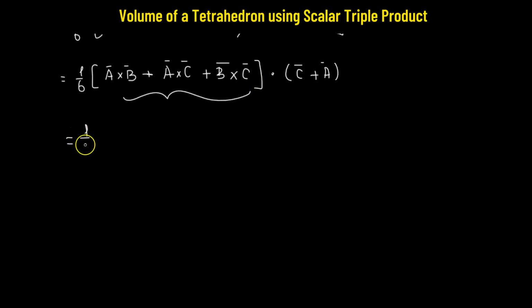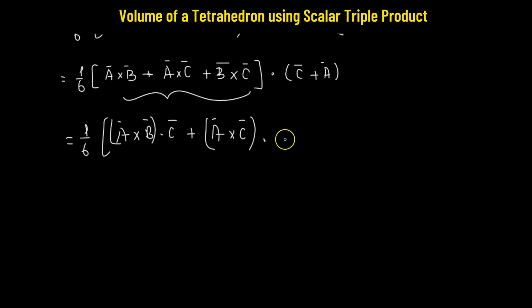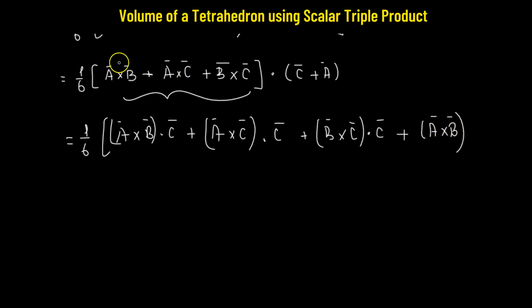So that will be 1/6 of a cross b dotted with c, plus a cross c dotted with c, plus b cross c dotted with c, plus b cross c dotted with a, plus a cross b dotted with a.